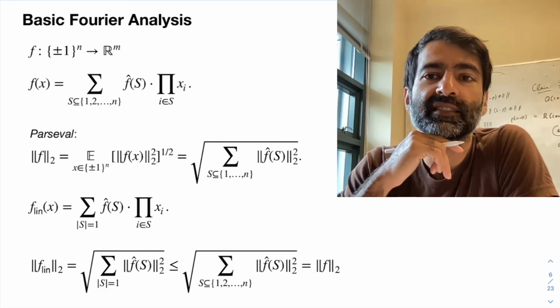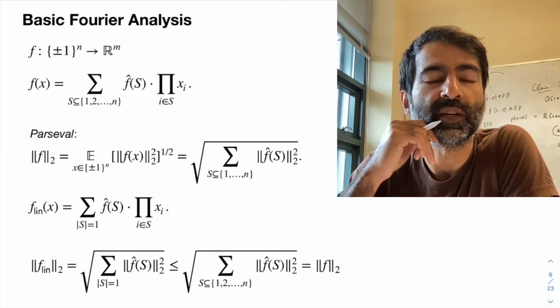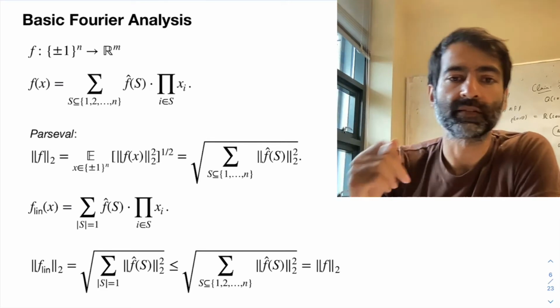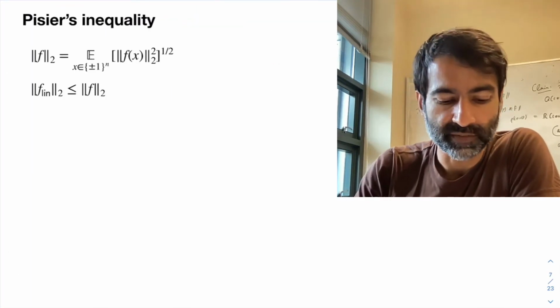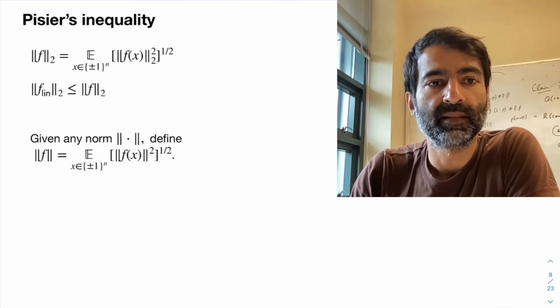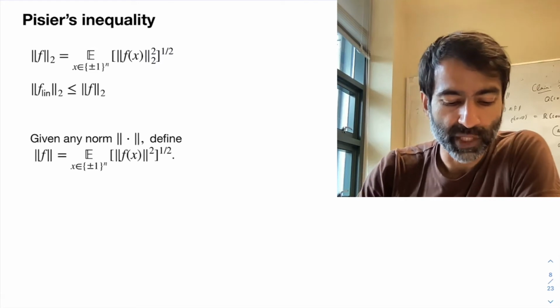And Pisier's inequality is about understanding what happens when you have norms that are not the 2 norm. You know, what happens when you have other kinds of norms? So now here I've just stated the results that I discussed on the last page. But given an arbitrary norm on R to the m, you can define a norm on f like this.